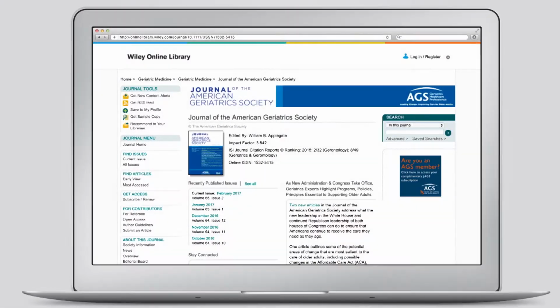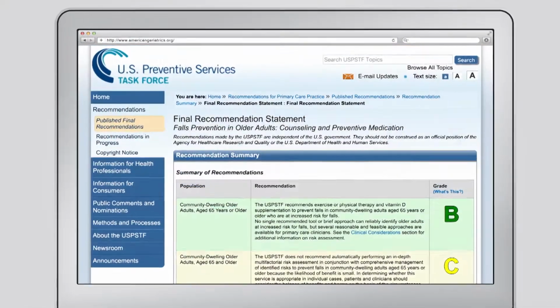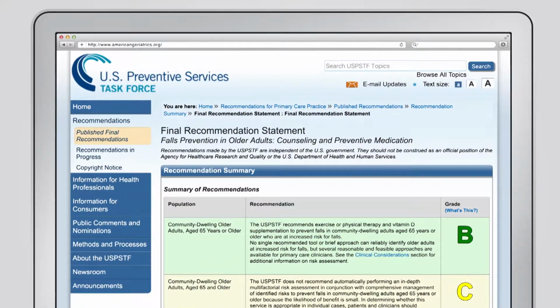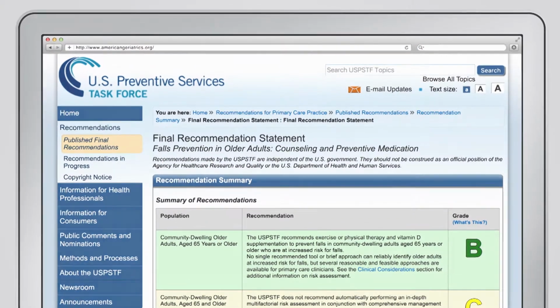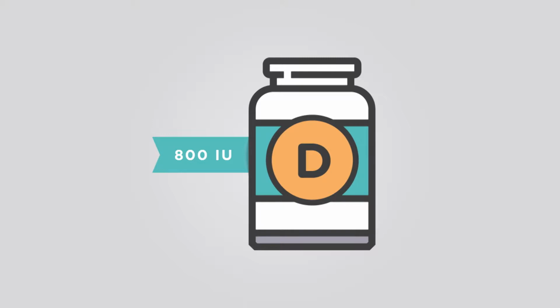Screenshot of the Journal of American Geriatric Society webpage. The American Geriatric Society and the U.S. Preventative Services Task Force, Final Recommendation Statement: Falls prevention in older adults, counseling and preventative medication. Both recommend supplementation. Consider at least 800 IU of vitamin D per day.